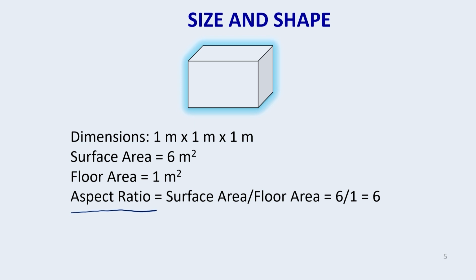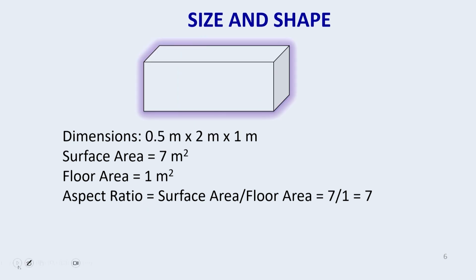Now let us calculate the aspect ratio for this dimension, which is not a cube. If the dimensions are 0.5 meter, 2 meter and 1 meter, we can easily calculate the surface area: 2 into 2 plus 1 into 1 plus 0.5 into this one. Add 0.5 plus 0.5 plus 2 plus 2 plus 1 plus 1.